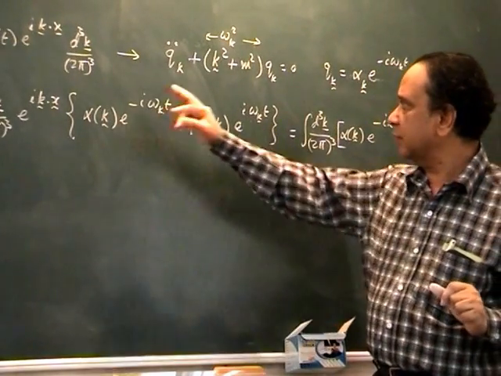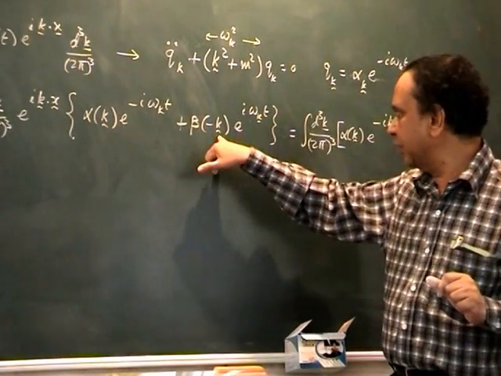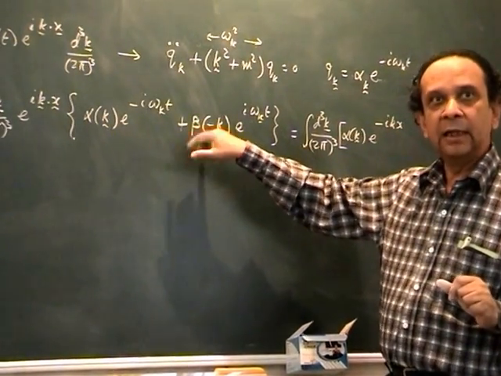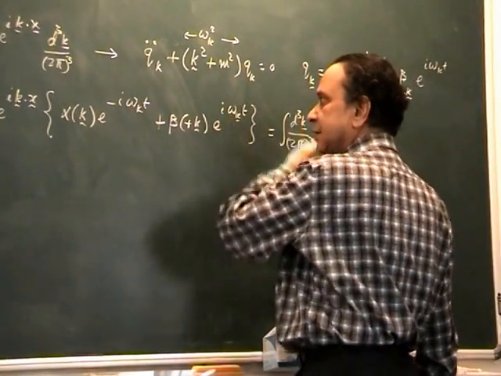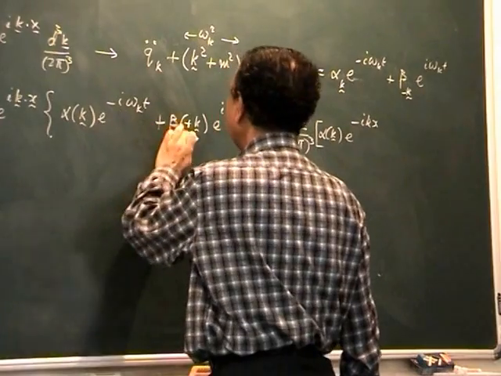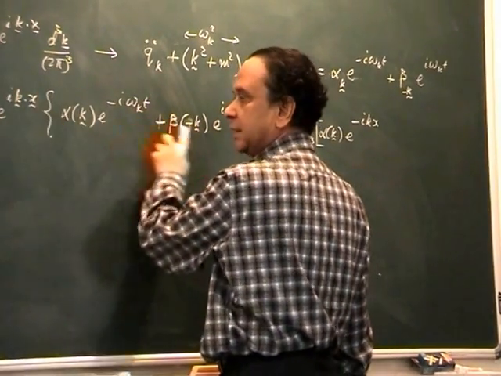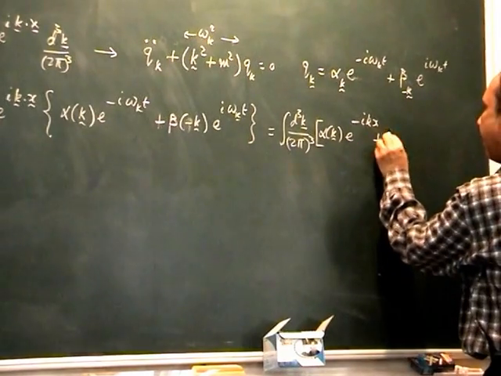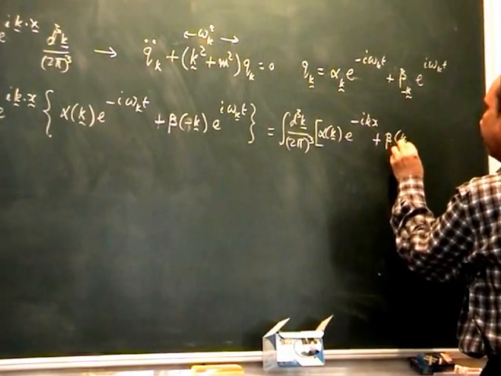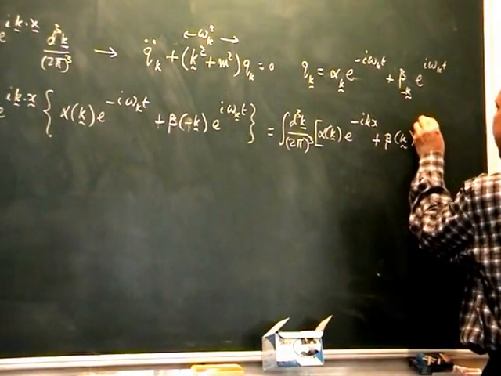Here you find both of them are coming with plus sign. This is why with some foresight we have put this. Here we will flip the sign of k, so this becomes plus k. This doesn't change anything, but this will come with a minus sign when I change that k. So that can be written as plus beta of k e to the i k x.